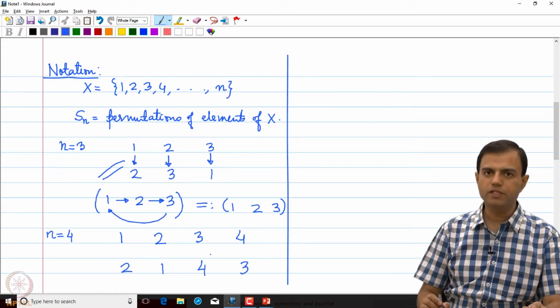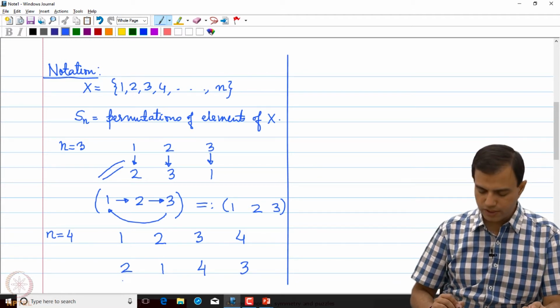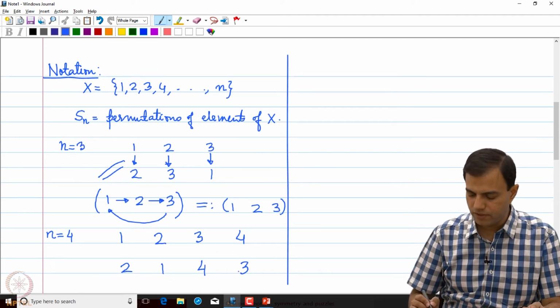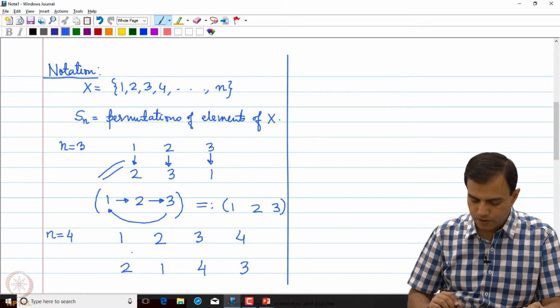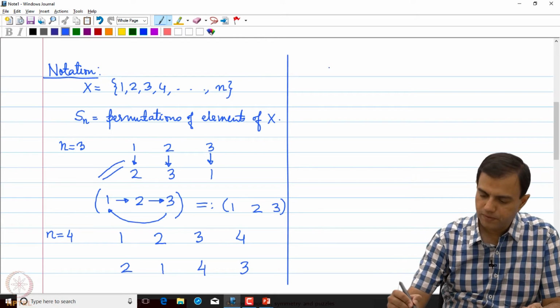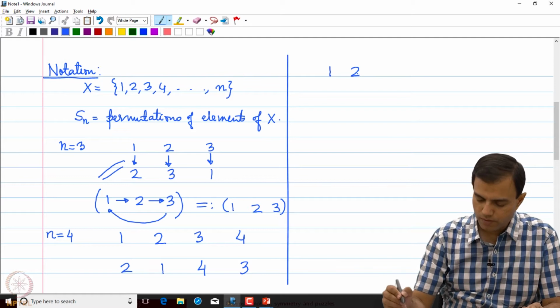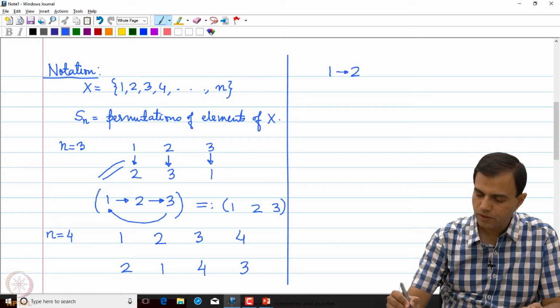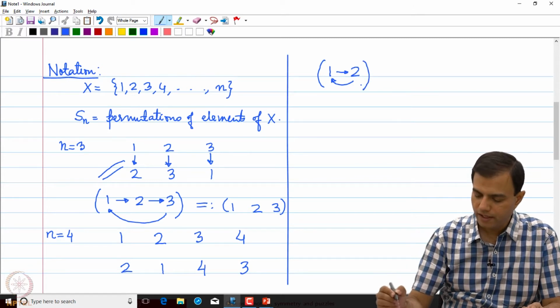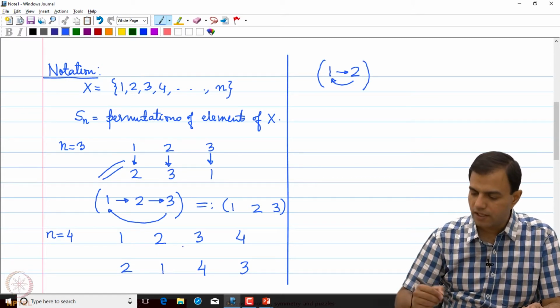That means after permutation, at the first seat 2 is sitting, second seat 1 is sitting, third seat 4 is sitting, and fourth seat 3 is sitting. So how do we express this? What happens to 1? 1 goes to 2. What about 2? 2 comes back to 1. And when we have a complete cycle, we just close this bracket, and then we consider another symbol.